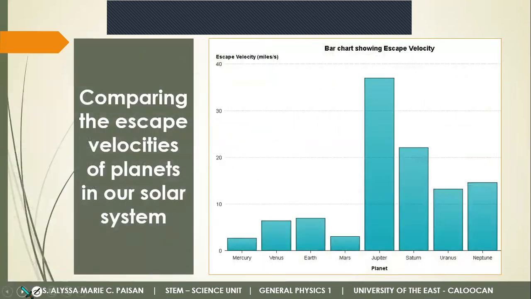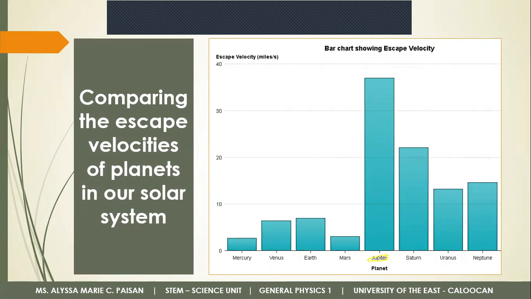Ayan, let's compare the escape velocities of planets in our solar system. Notice that the more massive, kasi nga diba dependent sa mass ang escape velocity, pag mas massive yung planet, just like Jupiter, siya din yung may mas mataas na escape velocity. At ito yung consequence niya or yung implications niya.